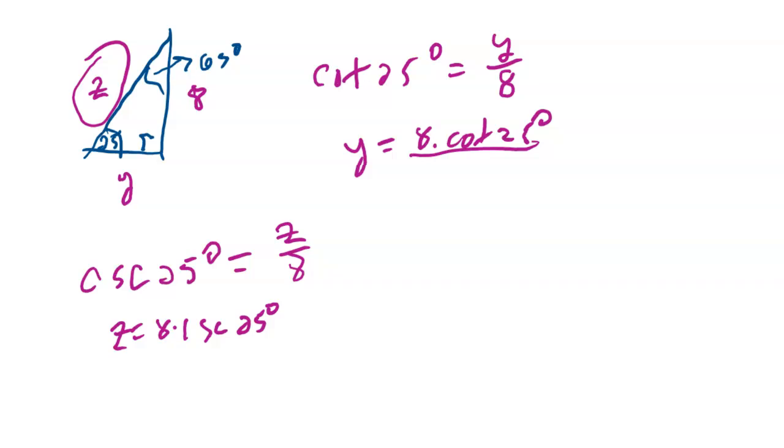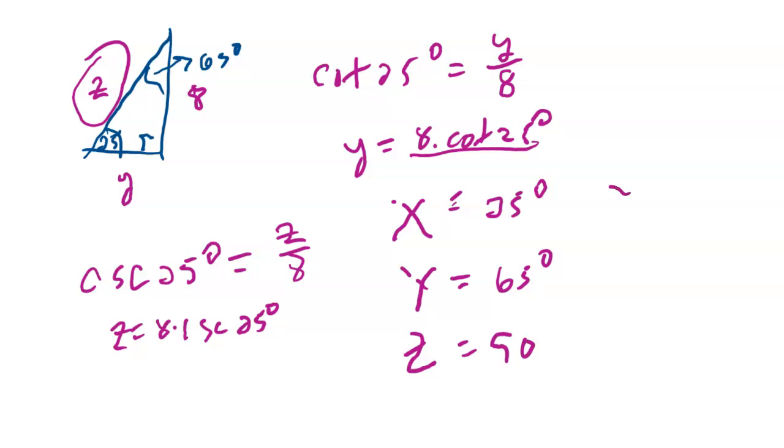So I'm going to say it's solved. So big angles x, y, z are 25, 65, and 90. And sides x, y, and z, see they're smaller, lowercase. X was given as 8. It is the exact same problem.